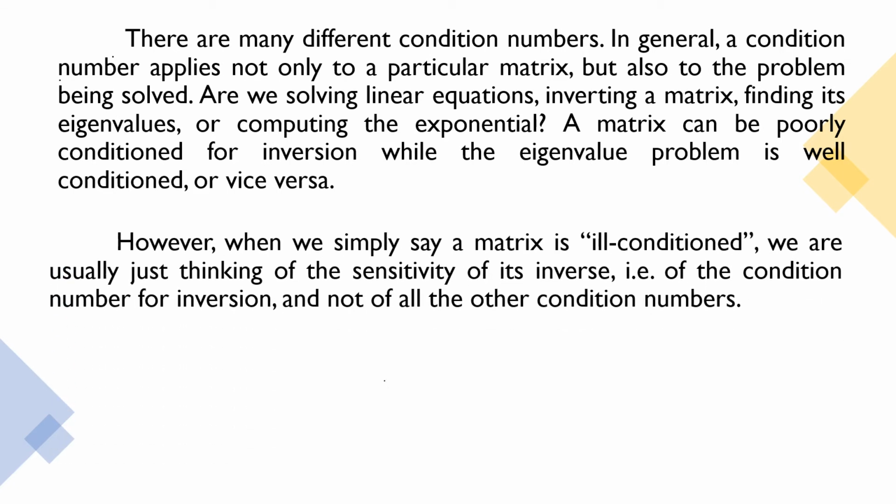However, when we simply say a matrix is ill-conditioned, we are usually just thinking of the sensitivity of its inverse. That is, of the condition number for inversion, and not of all the other condition numbers. So here in this topic, we will just focus on the basic discussion of the condition number of a matrix.